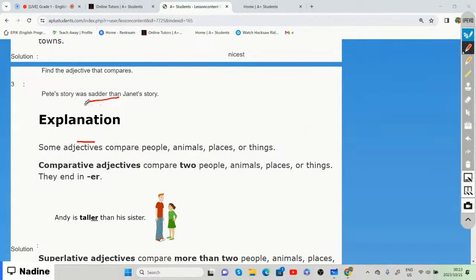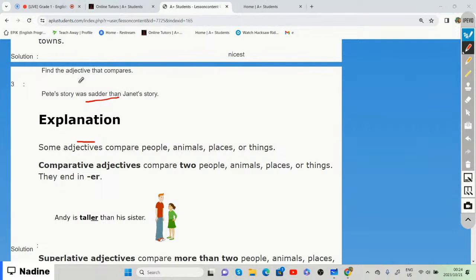So sadder is the adjective that compares, because in the sentence we have two people being mentioned, which are Pete as well as Janet.